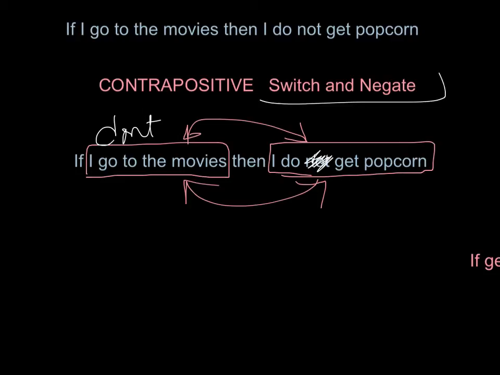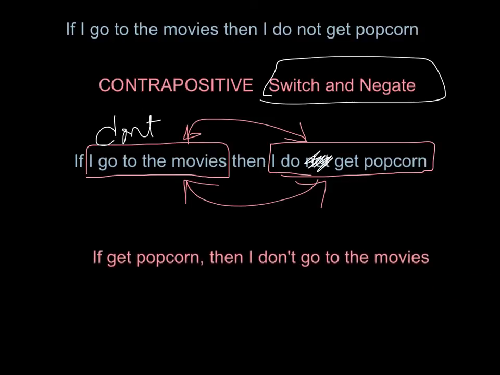So we are going to switch and negate. When I switch and negate, the contrapositive of the original statement winds up to say this. If I get popcorn, then I don't go to the movies. So notice that we switched and negated. Again, the contrapositive is the big long word, and that means to do both, switch and negate.